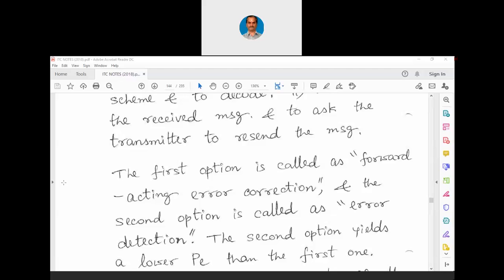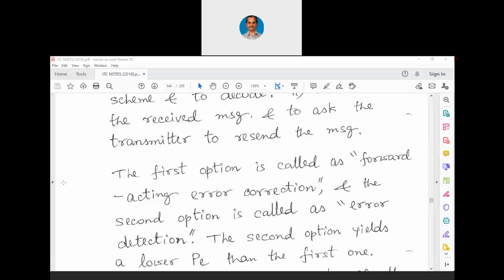So let us say you are also an English language expert and you can easily find out what would have been the wordings which I used in the sentence. Even if there is an error in between, maybe a few signals are gone or a few pronunciations are gone, in spite of that it is possible that you will relate all that and you will have a correct sentence at your side. That is called forward acting error correction.